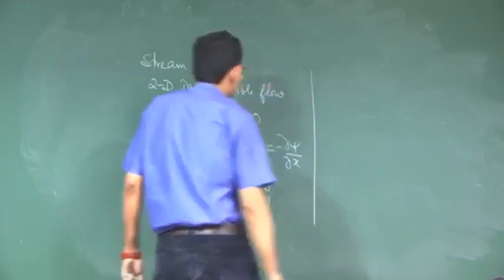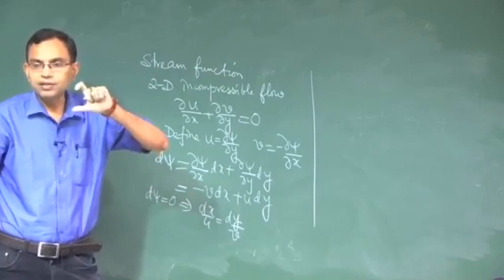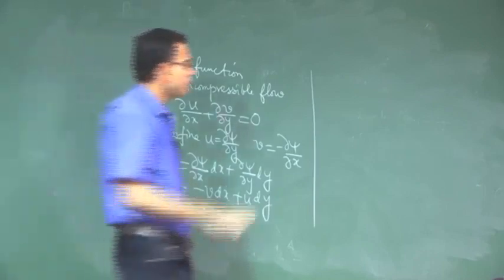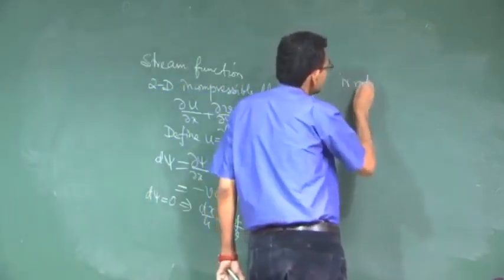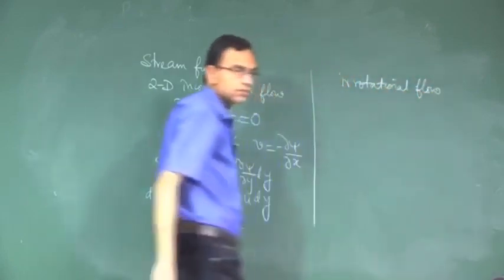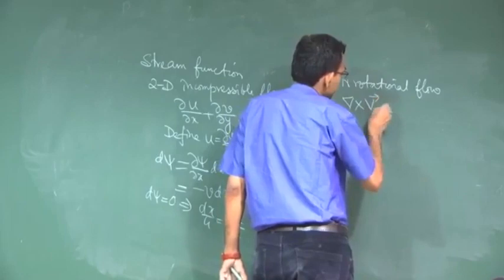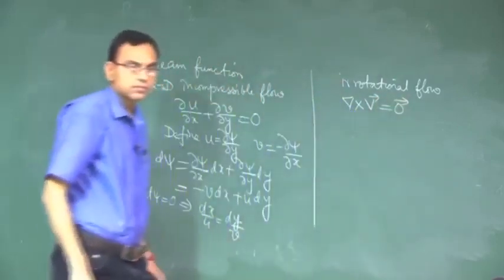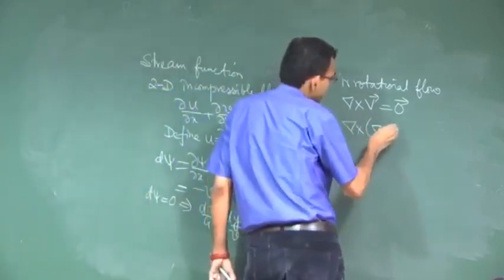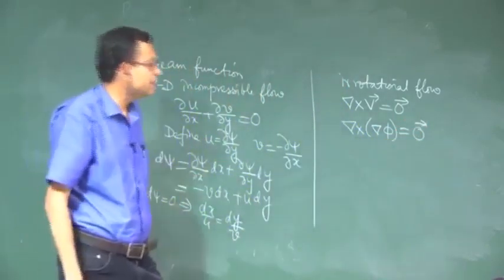So far so good. We will now consider another limit of the rotationality, that is the irrotational flow. So if you have irrotational flow, by a vector identity, this is identically a null vector, this is a vector identity.